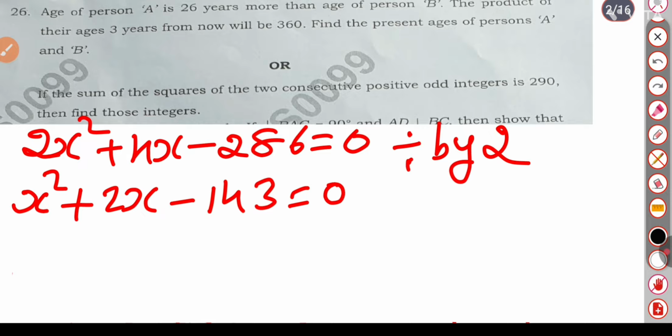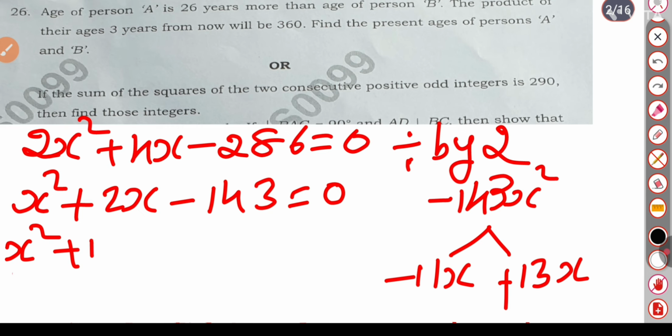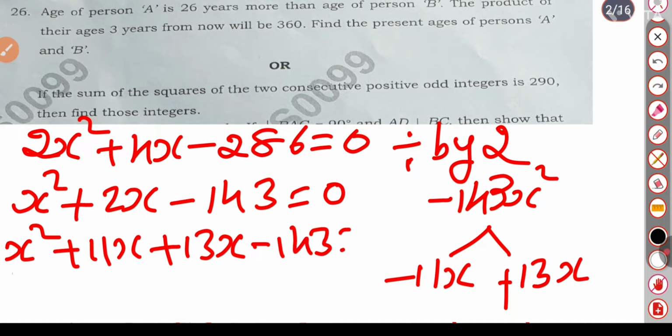Again by the factorization method, we multiply the first and last terms, that is 143x square, and what are the factors? 11x and 13x, for this positive and for this negative. So x square plus 11x minus 13x minus 143 is equal to 0.